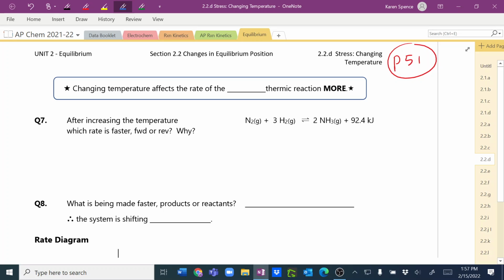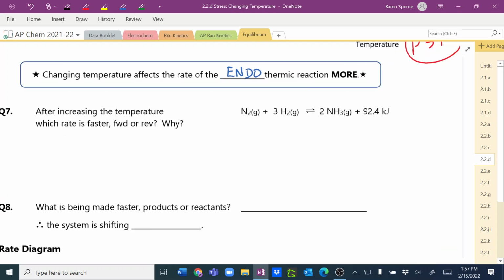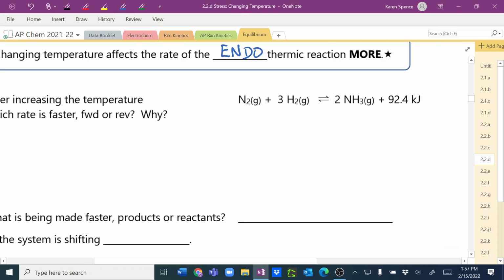So last day we looked at those kinetic energy graphs and we decided which rate is affected more. Is it the rate of the exothermic direction or the rate of the endothermic direction? Endo. So let's look at this. If we are increasing the temperature in this reaction here, which rate ends up being faster?